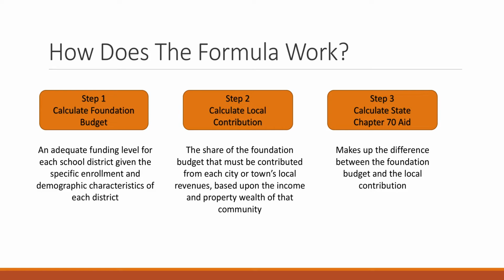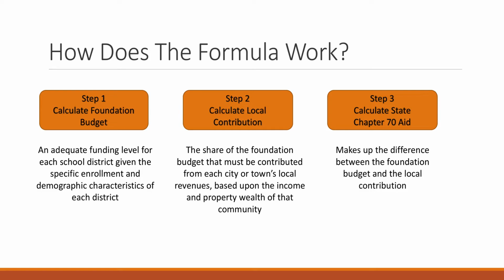First of all, how does the education aid formula work? It's basically simple conceptually. First of all, calculate the foundation budget, which is basically how much does each community, or each school district, need to meet the needs of its children.